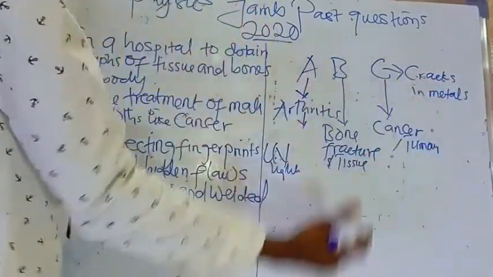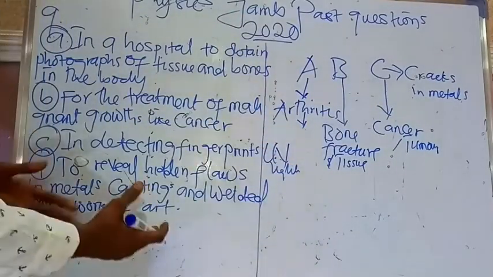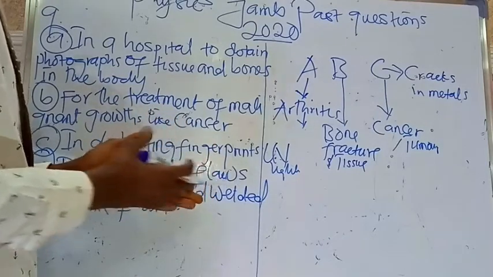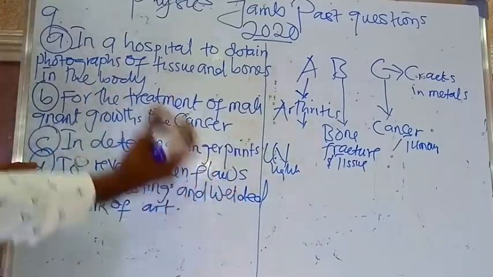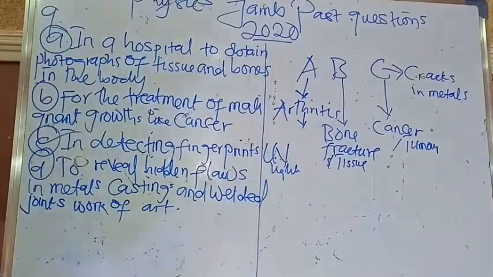So cracks in metals, cancer, and the rest. So when there is any crack or flaw or fault in the metals, you can use X-ray to detect that, just as in the case of bone. So the correct answer here is what? The exception here is detection of fingerprint, which is option C.